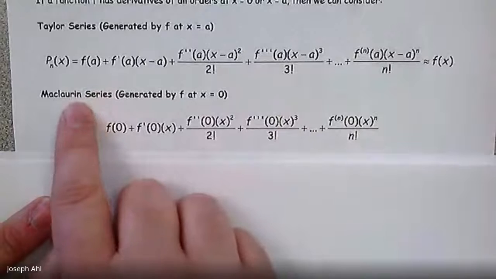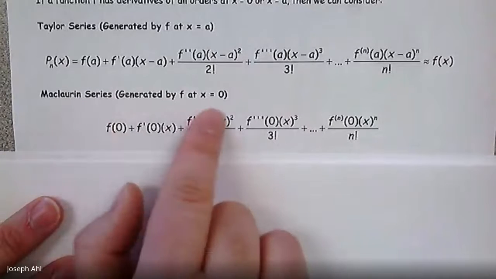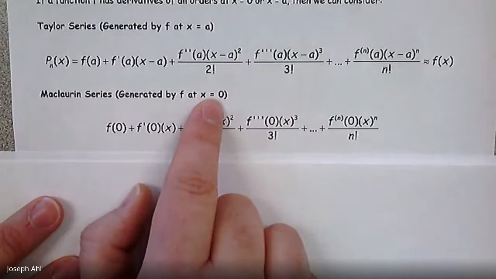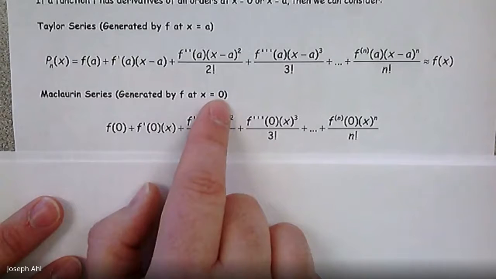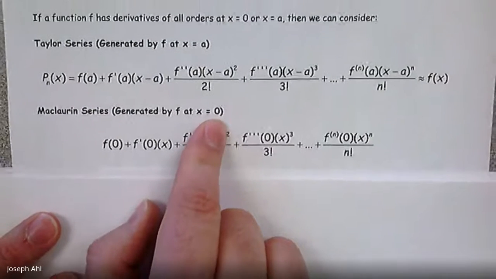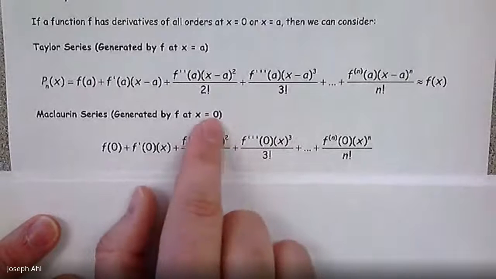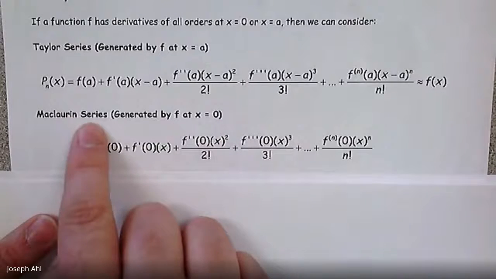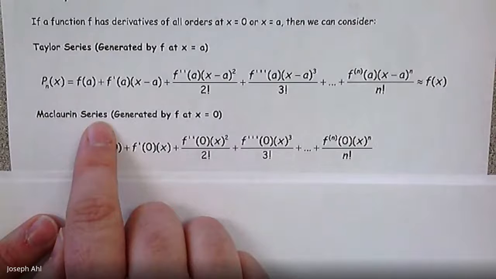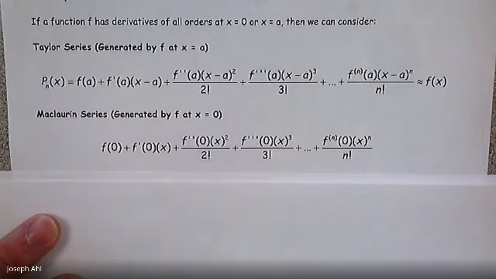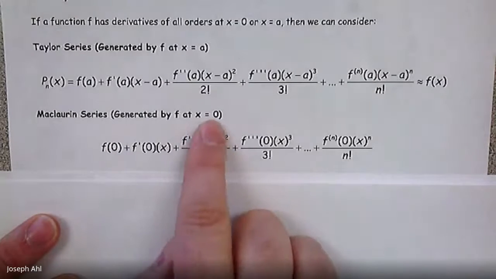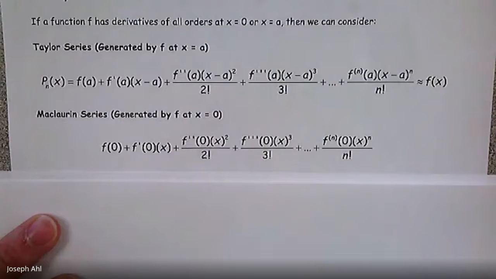So what's Maclaurin all about? Maclaurin found this pattern just generated by f, specifically at x equals 0. So if you're looking for an infinite polynomial specifically at x equals 0, that technically can be called a Maclaurin series. So the 2 examples that we've done for e to the x and cosine x at a equals 0 or x equals 0, those are actually examples of Maclaurin series.